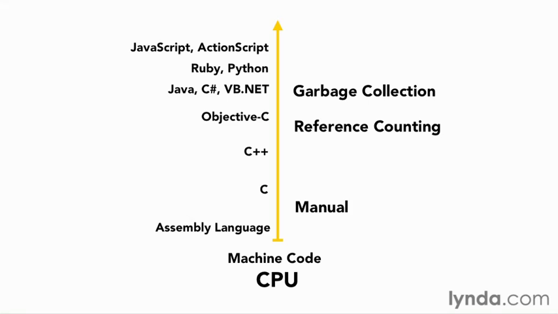Rather than keep track of individual objects, what happens is the system itself keeps track of how much memory your application is using. And at certain times in your program's lifetime, what it's going to do is scan through all your objects and figure out which ones are still relevant, which ones are still being used. So it might take a sweep through 1,000 objects, clear up 500 of them, and leave 500 of them around.